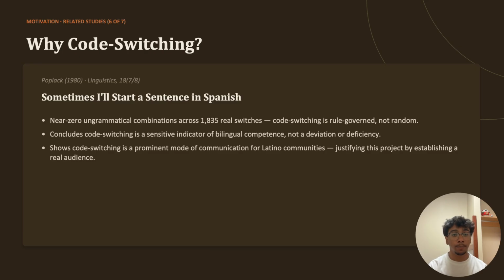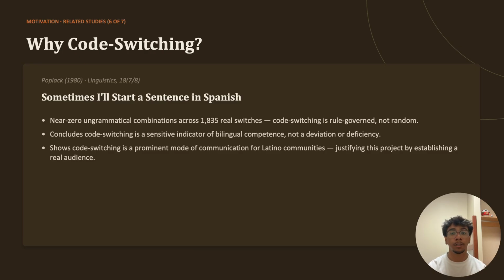So this next paper is a little more of justification. This paper talks about what I was talking about at the beginning, how code switching is sort of a language of its own, and a lot of people use it, and it's not randomly switching words.